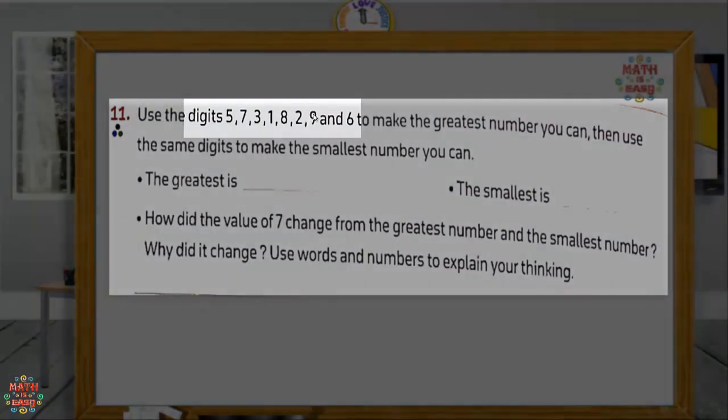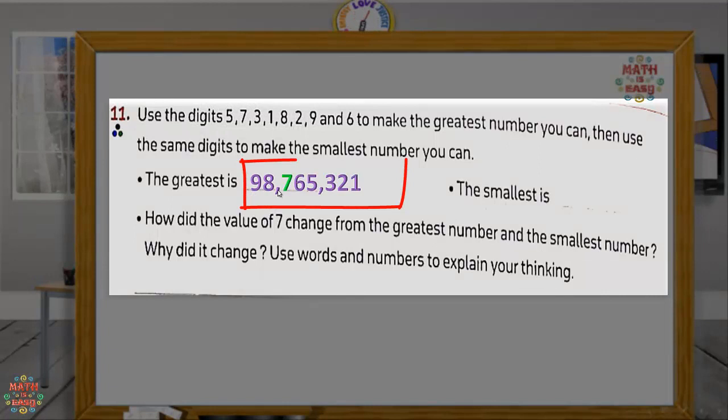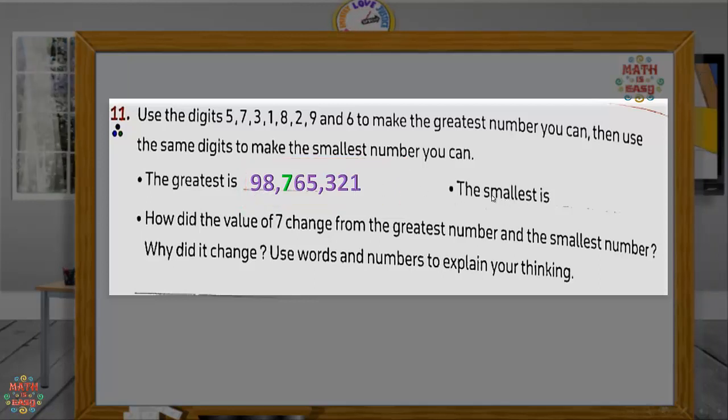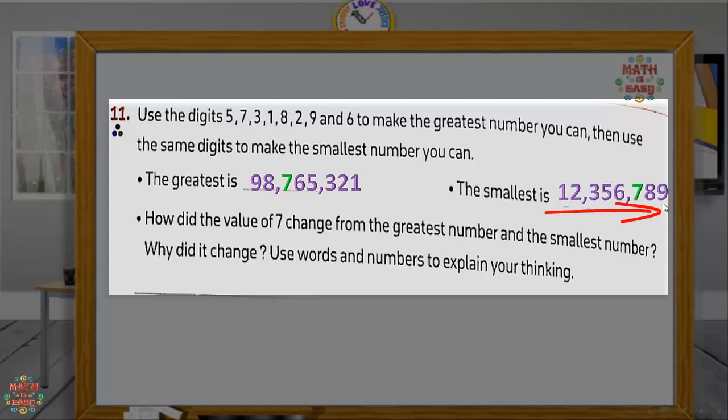Like this: 9, 8, 7, 6, 5, 3, 2, 1. We start with the biggest digit and end with the least digit. And here we will write the smallest number, starting from the least to the greatest: 1, 2, 3, 5, 6, 7, 8, 9.